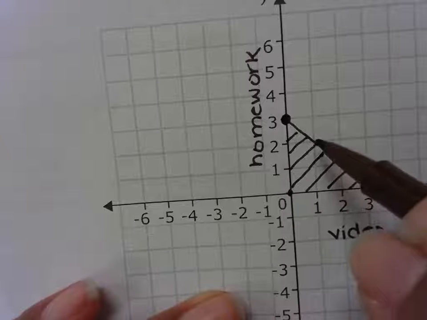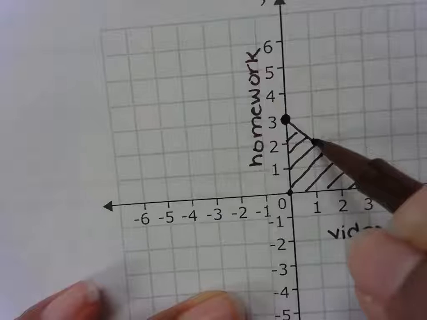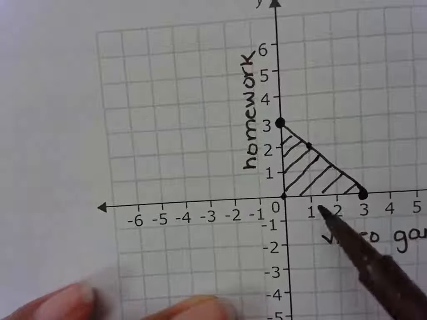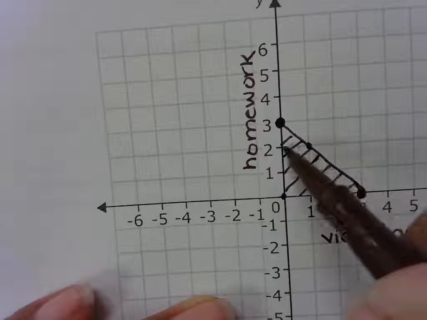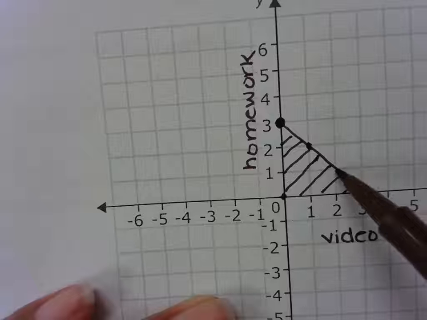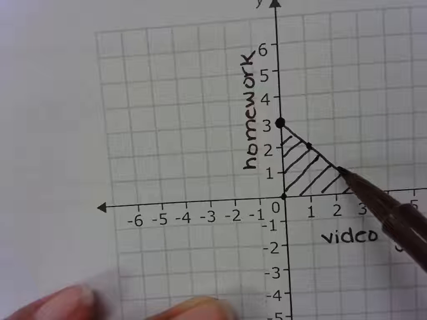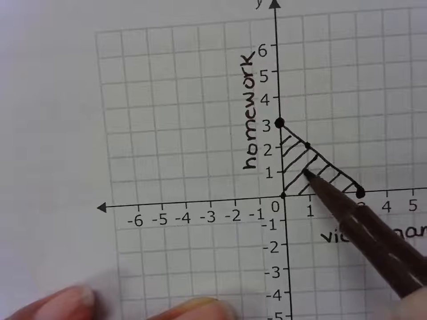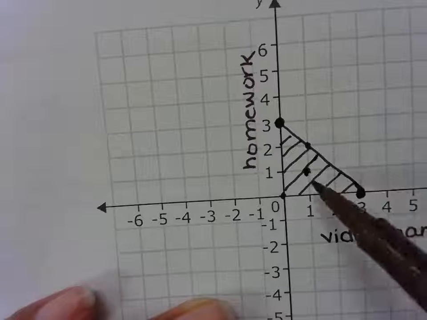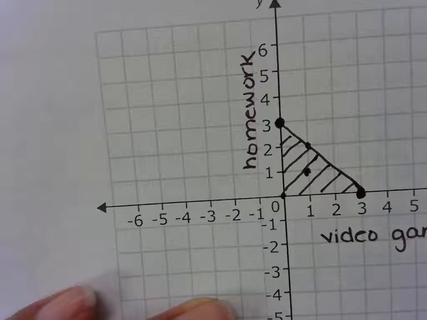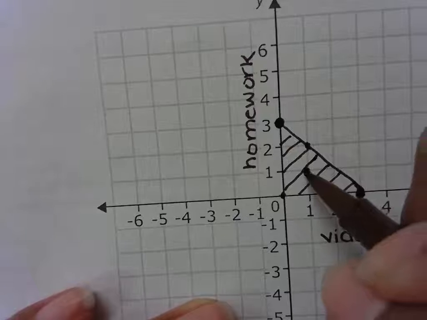The point here, 1, 2, says that he spent 1 hour playing video games, 2 hours doing homework. Here, 1 means 2 hours for video games, 1 for homework. Even this point means 1 hour playing video games, 1 hour for homework. We're not sure what happens to his remaining hour, but it said at most.